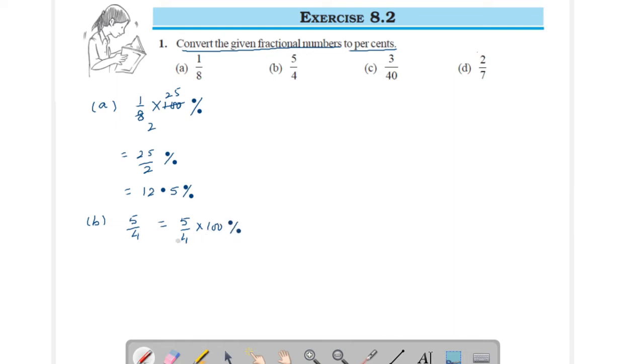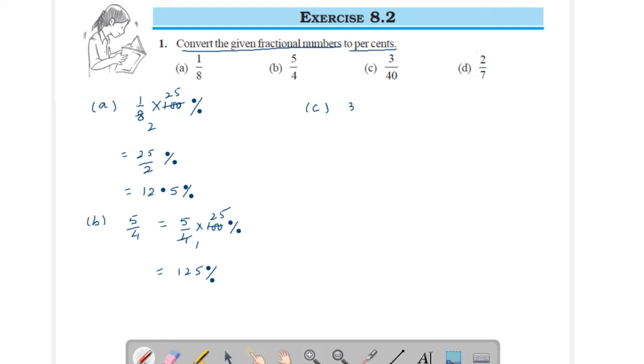You can cancel the term. 4 1 and 4 25. This can be written as 25 into 5. It is 125%. This is your answer.